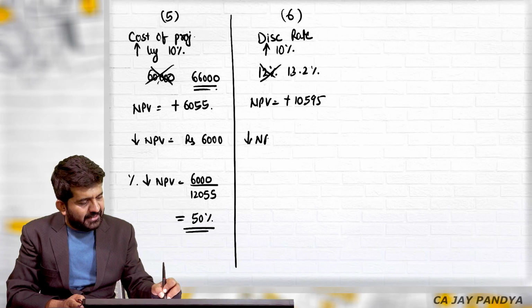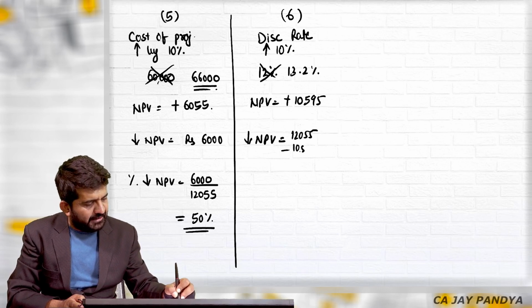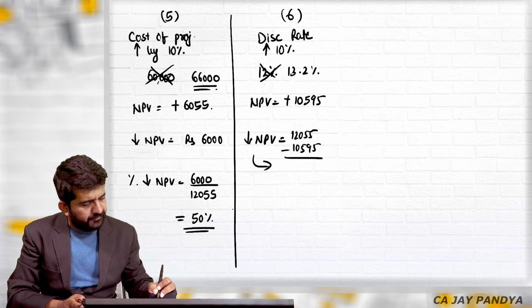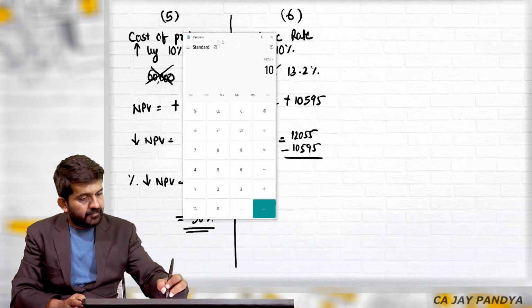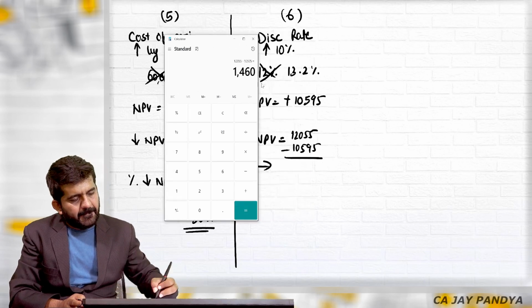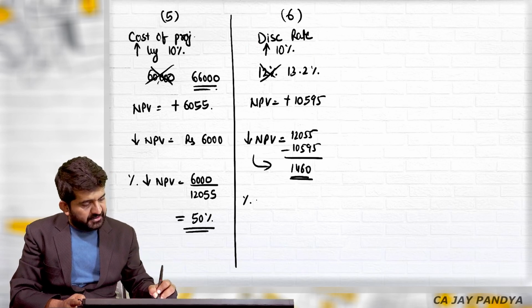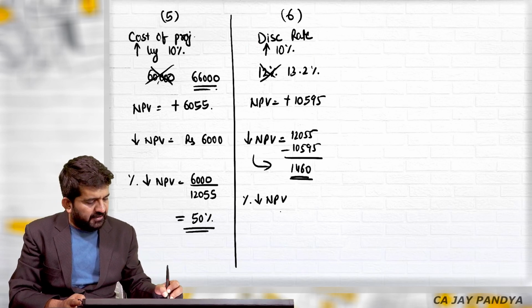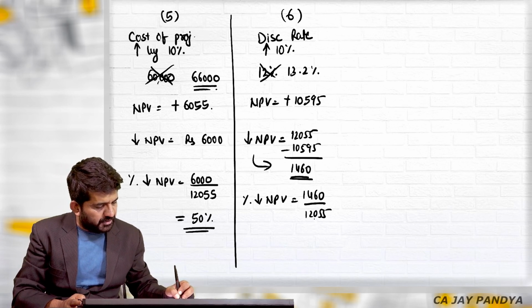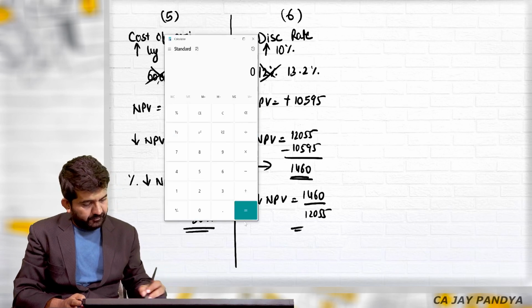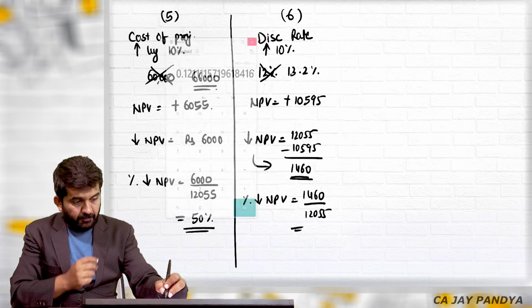My decrease in NPV will be 12,055 minus 10,595, which is 1,460. Percentage decrease in NPV is 1,460 divided by 12,055, which is 12.11%.